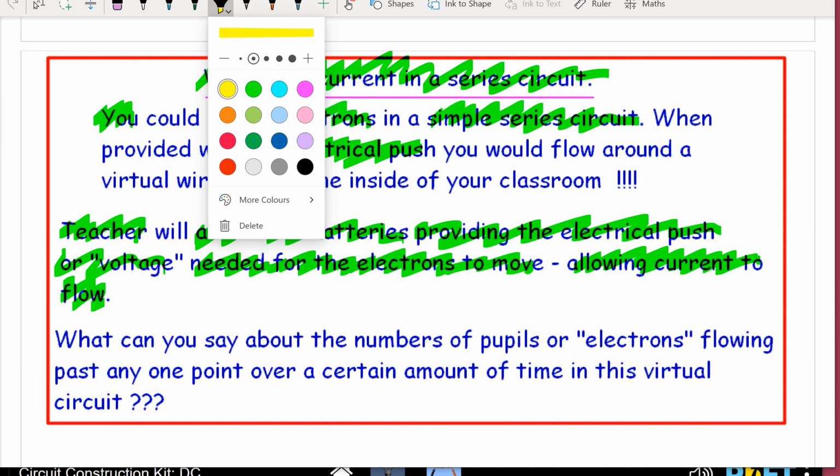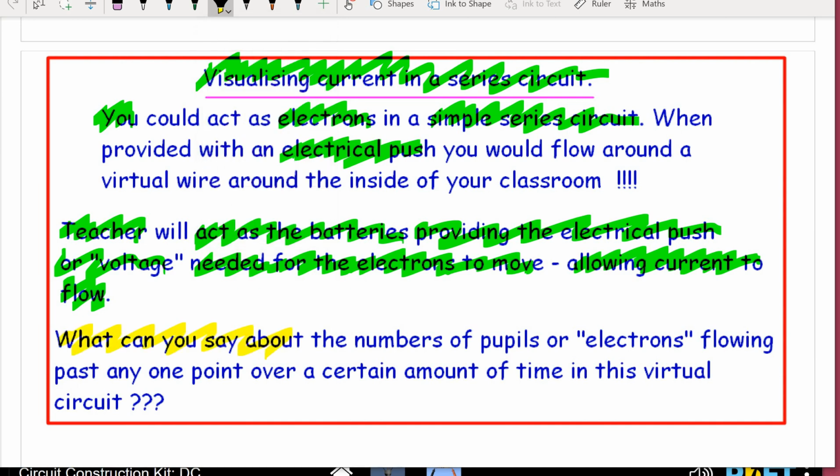Number 1, what can you say about the number of pupils, you're the electrons, flowing past any one point over a certain amount of time? Well, if 5 of you passed one point in the circuit in like 10 seconds, then another 5 of you will pass another point in the circuit in 10 seconds.